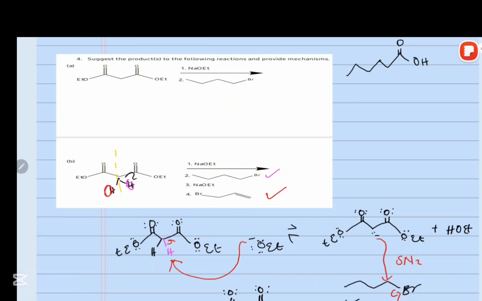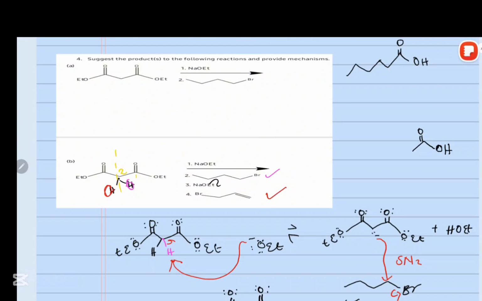You get just one part, the left side in this case, your oxygen here. This OEt is replaced by OH. Just put your OH here. Now let us denote this as carbon number 2.